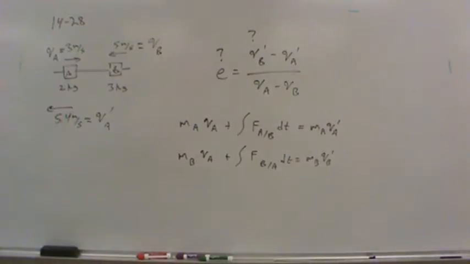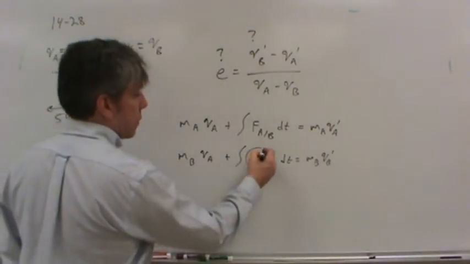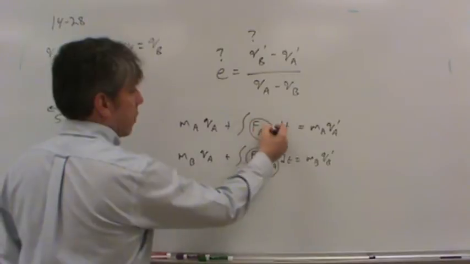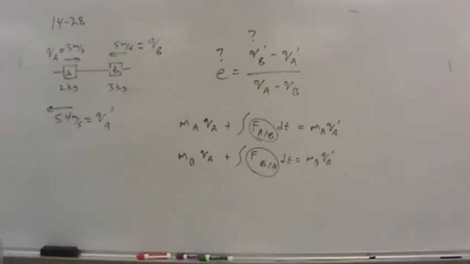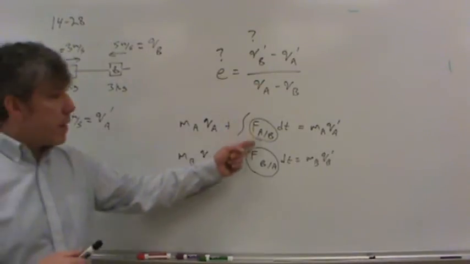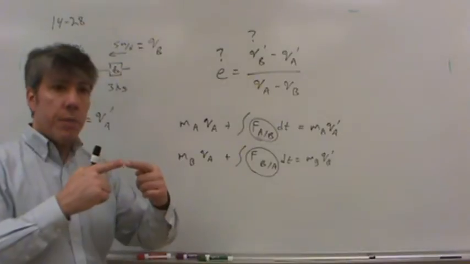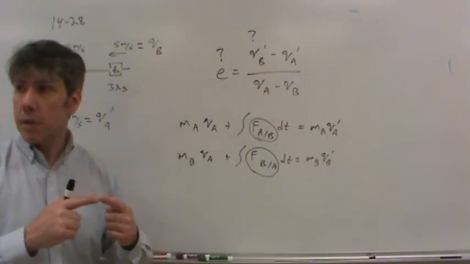Now what do you know about the force from B onto A and the force from A onto B? They should be equal. In fact, it doesn't matter how they vary over time, they will both always be equal and opposite. Right? Remember Newton's laws?